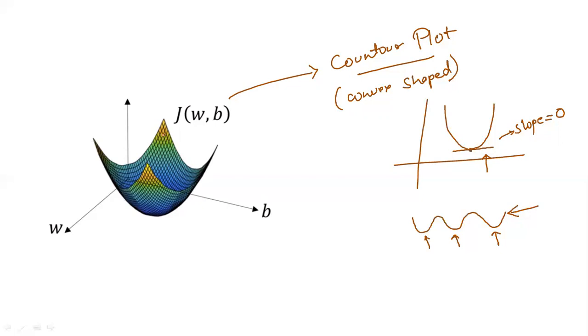So you stand at this point and look around 360 degrees, and find values of W and B for which the cost function is smaller than the present value. You turn around 360 degrees, find the point where the cost function is smaller than the present value, and shift to this point.